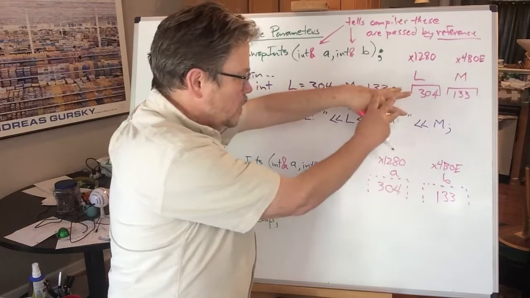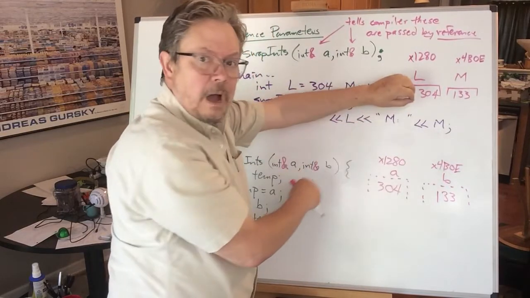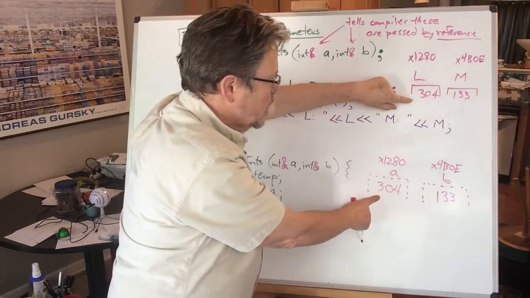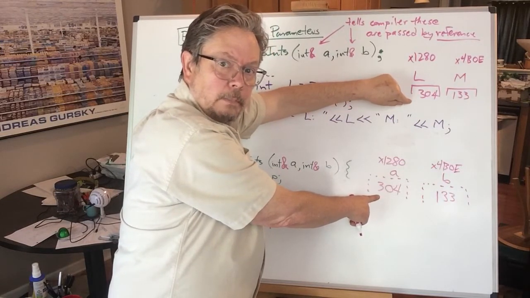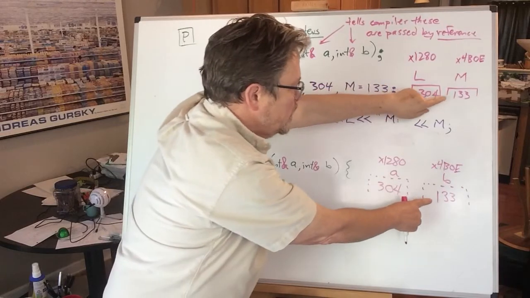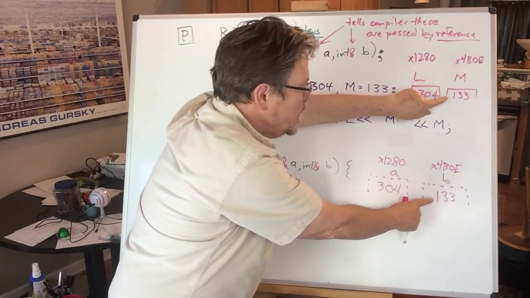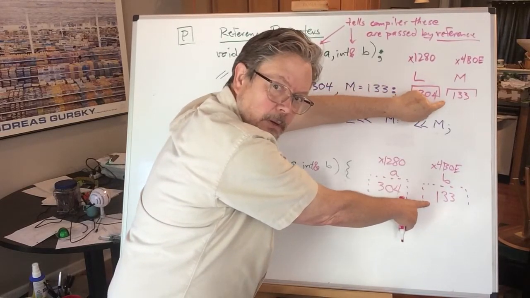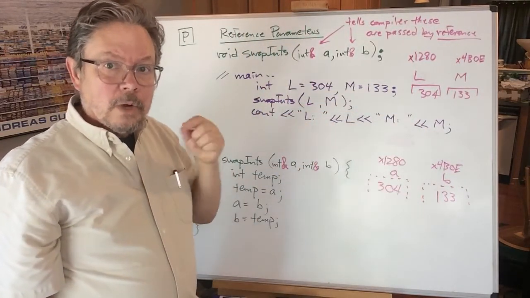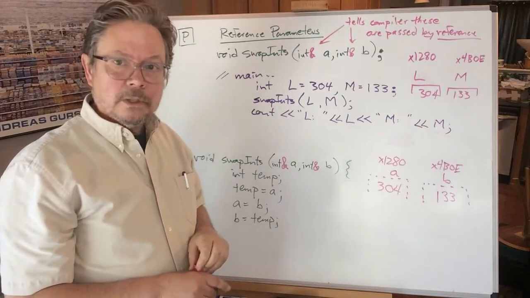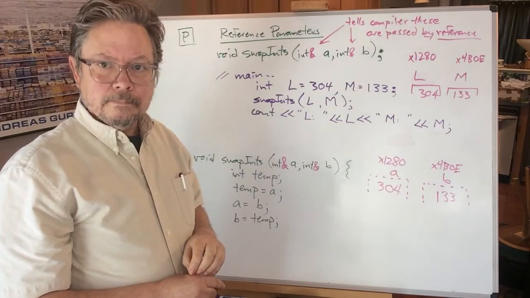If I could fold the whiteboard so that that one laid on top of that one, those two are identically the same 304. They live in one and only place in memory. Same thing with 133. Those two 133s are actually the same number located in that one unique memory location, 4B0E.